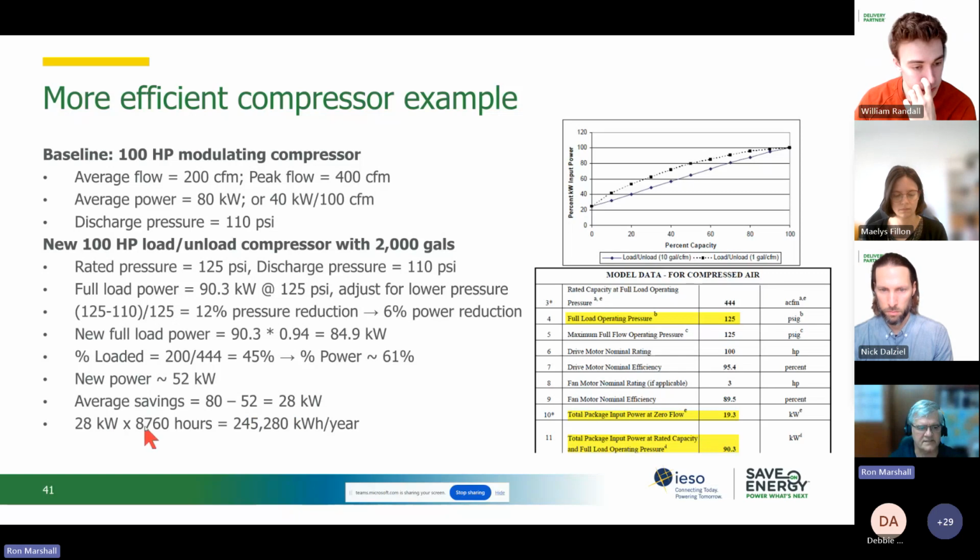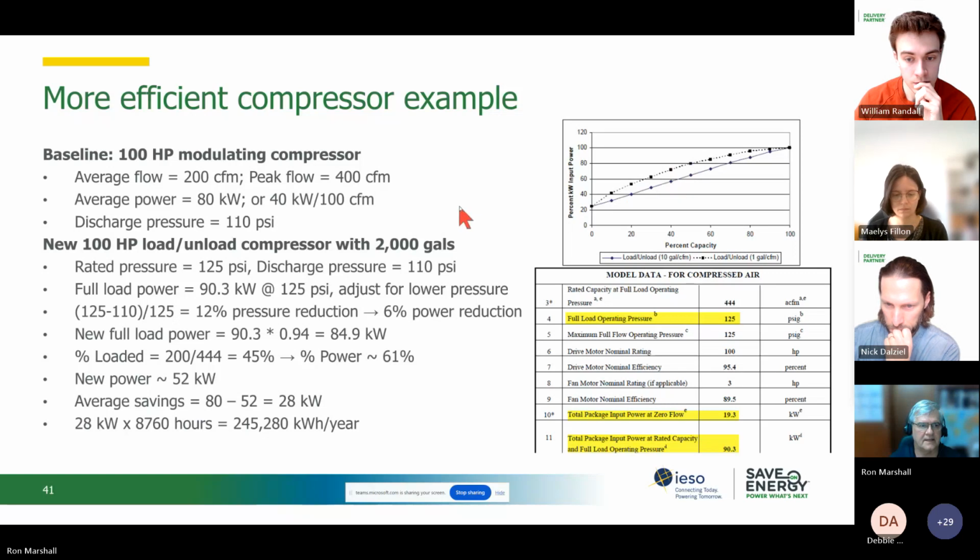The savings times 8760, assuming this compressor is running the full year, is 245,000 kilowatt hours per year. That is based on a calculation like this, right? We can see that it is not 100% linear.